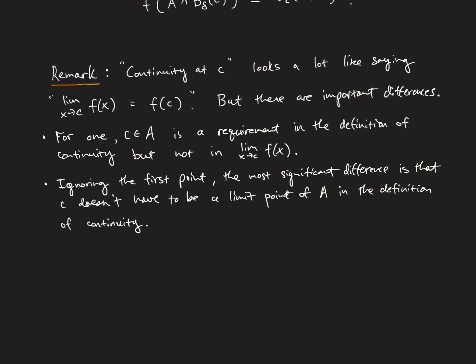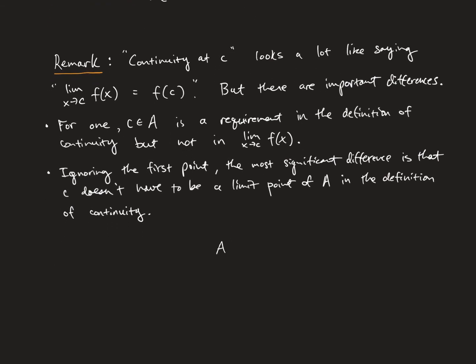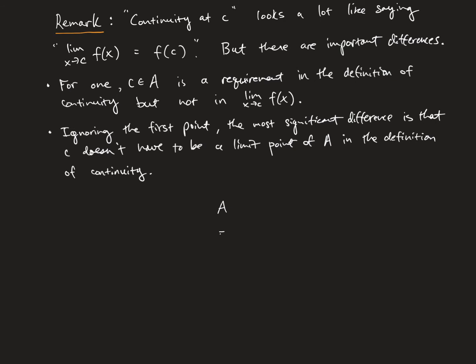So the situation looks like this. For any set A, A is equal to the limit points of A, and to be clear, I mean limit points of A that are in A. Of course, there can be limit points of A not in A. So there's limit points of A that are in A, and then there are isolated points of A. Okay, so you have these two different kinds of set.